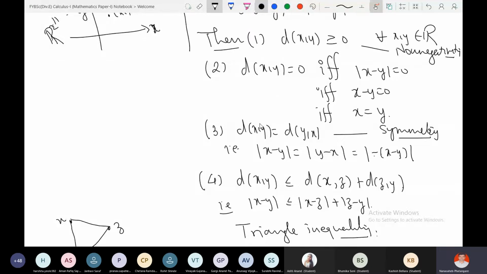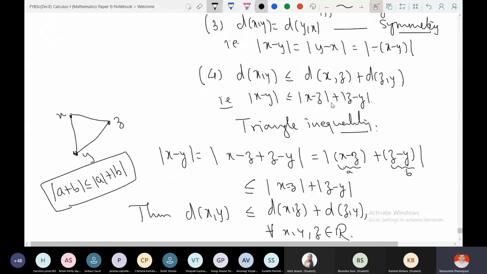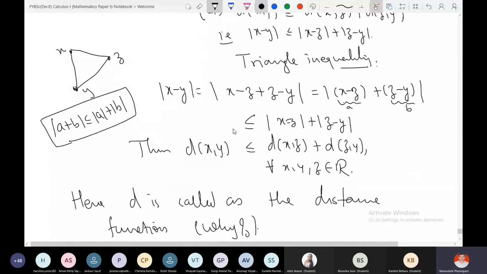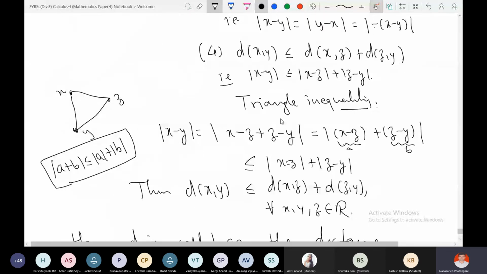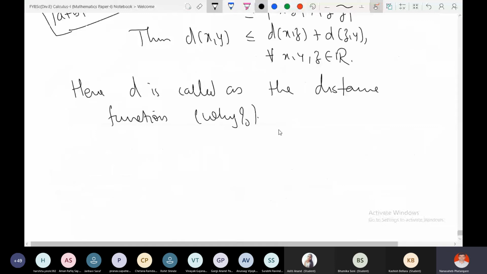So the distance between x and y is the same as the distance between y and x. And if 2 points are at the same position, that means x is equal to y, the distance is 0. And the triangle inequality says the distance of x from y is less than or equal to the distance of x from z plus the distance of z from y. So all our usual properties of distance are satisfied by this function. Therefore, it is a distance function.